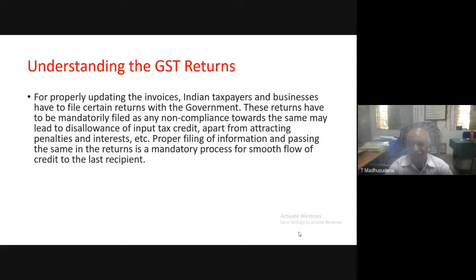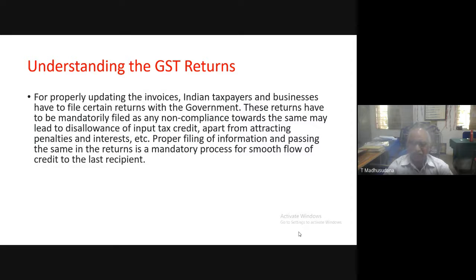These returns have to be mandatorily filed, as any non-compliance towards the same may lead to disallowance of input tax credit, apart from attracting penalties and interest, etc. Proper filing of information and passing the same in the returns is a mandatory process for smooth flow of credit to the last recipient.